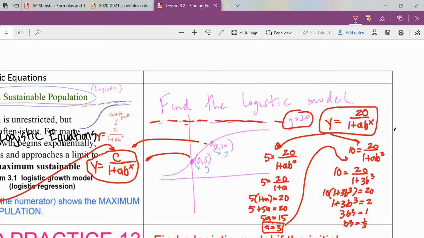Then take the cube root, so b equals the cube root of 1/3. It's a funky answer, but that's all right. So that's what I can put in for my b value. My final equation: y equals 20 over 1 plus my a value of 3 times the b value, the cube root of 1/3, to the x power.